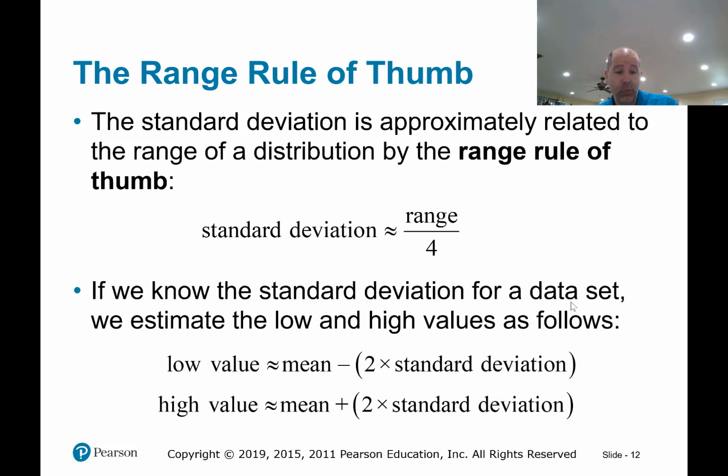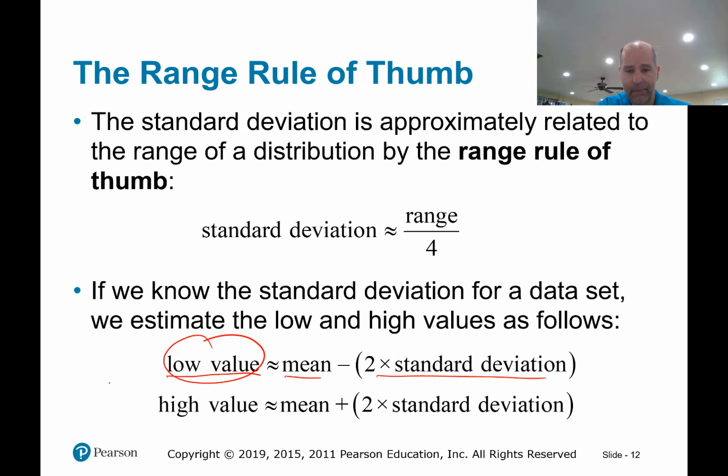Now, if we know the standard deviation of a data set, then we can estimate the high and low values as follows. The low value in the data set, not necessarily the minimum, we would get by taking the mean and subtracting off 2 standard deviations.